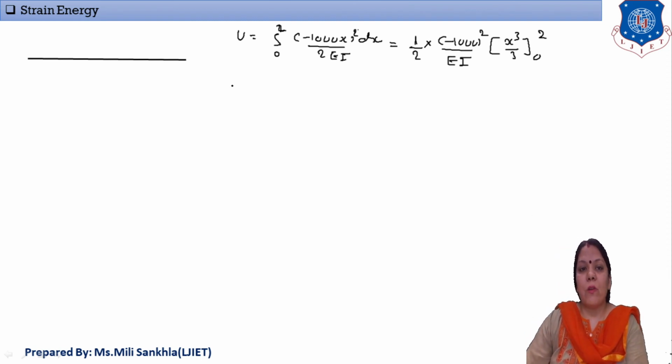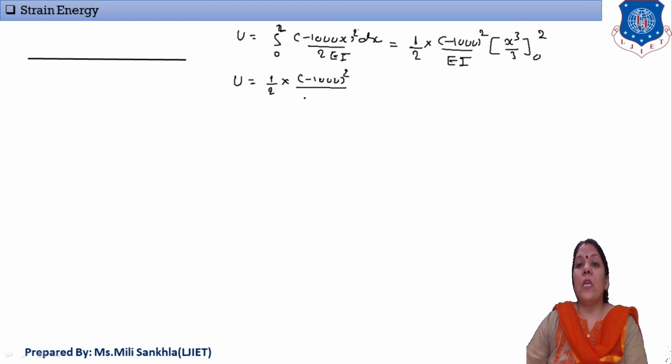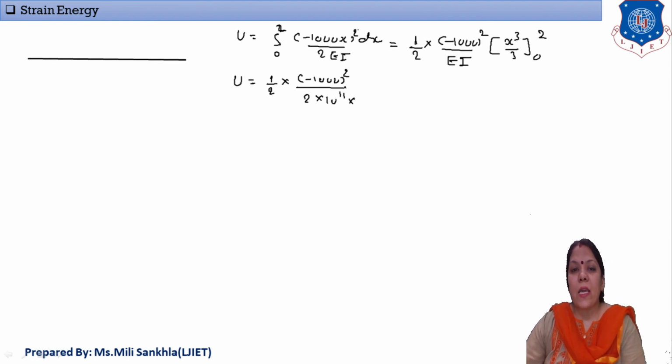Now one by one put the values here. U is equal to 1/2, then minus 1000 squared, and E we found to be 2 into 10 raised to 11, and I we found to be 3.6 into 10 raised to minus 7, and here x cube, x is equal to 2, so 2 cube by 3.